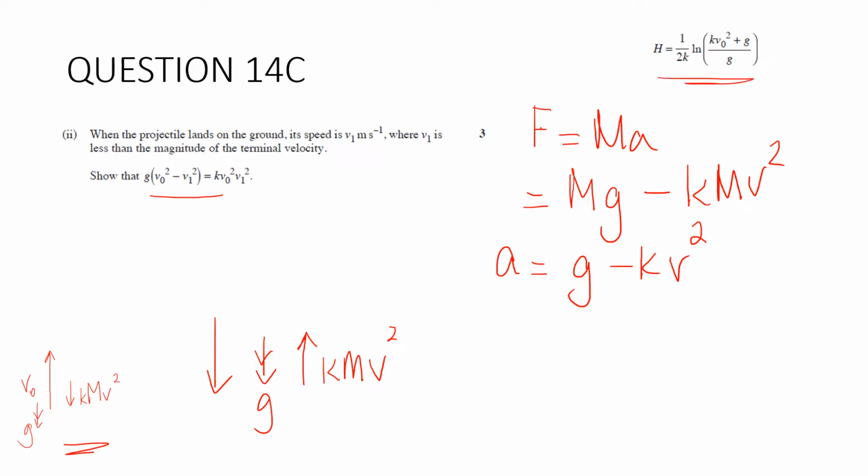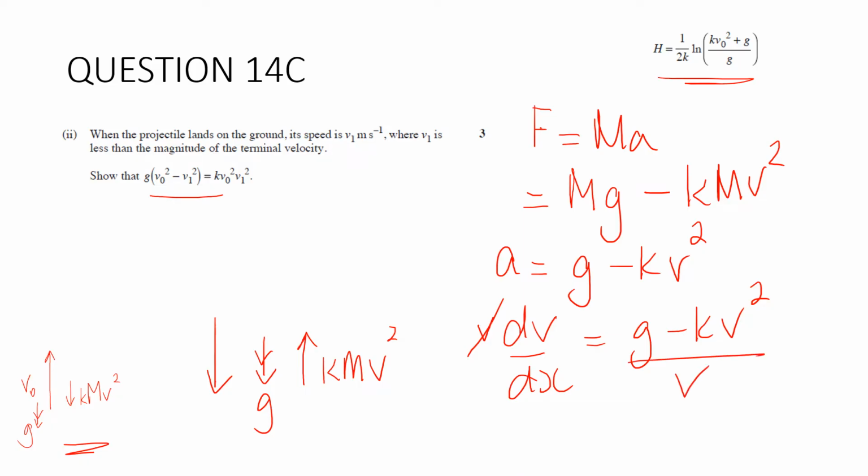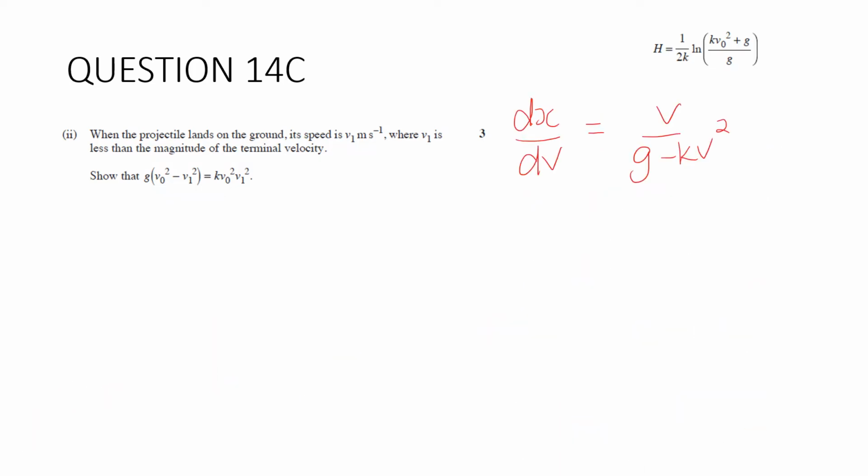So we want v dv dx, which is going to be equal to g minus kv squared, and divide both sides by v. So we end up with dx over dv is equal to v over (g minus kv squared), which means that x is equal to the integral of v over (g minus kv squared) dv.